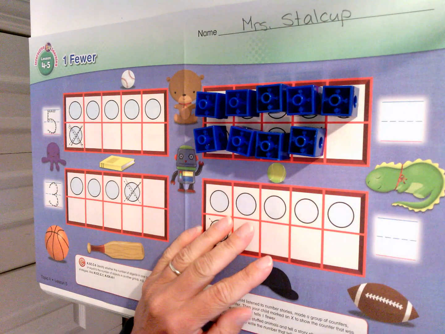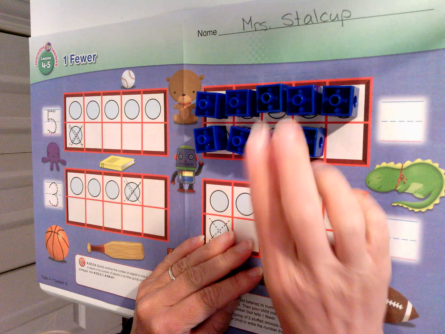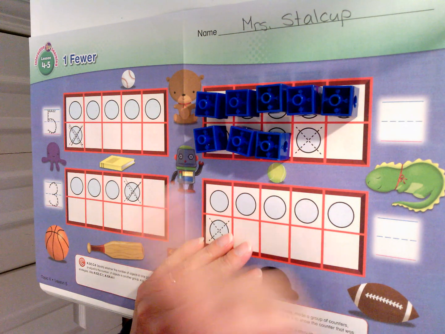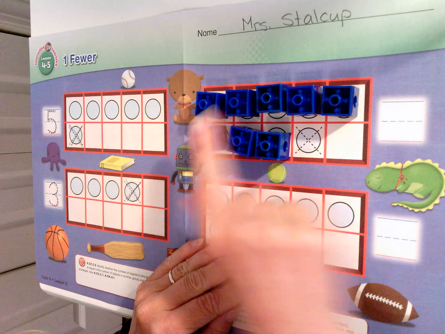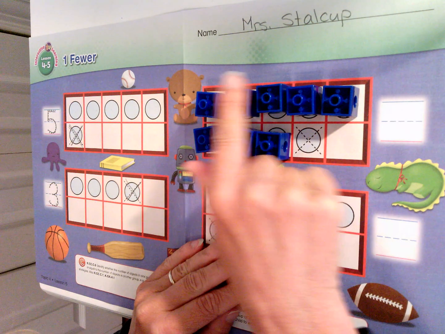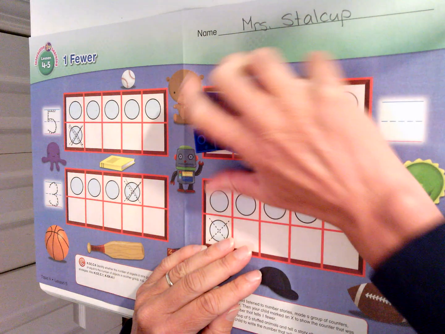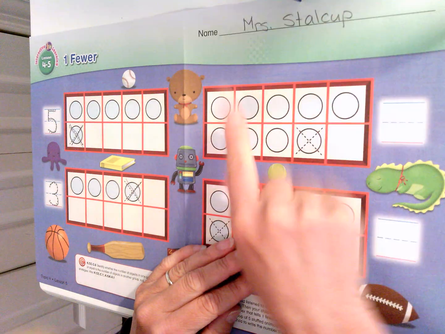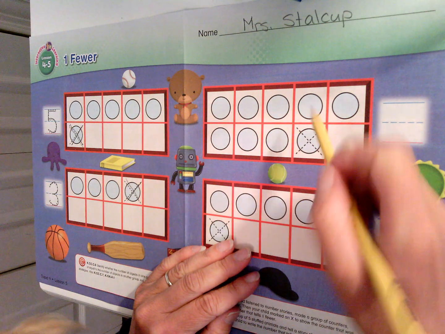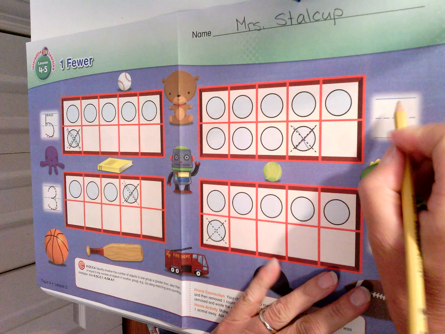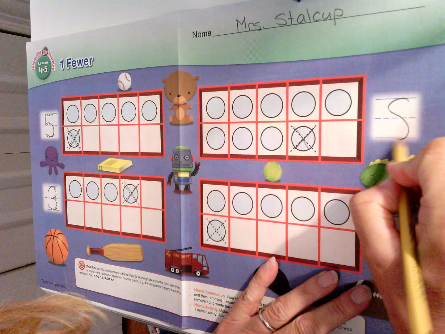One fewer. So how many stuffed dinosaurs does she have? 1, 2, 3, 4, 5, 6, 7, 8. And remember, when we're showing fewer with a picture, we have to cross one out because we can't just take it away like we can with our counters. So 8 is one fewer than 9.